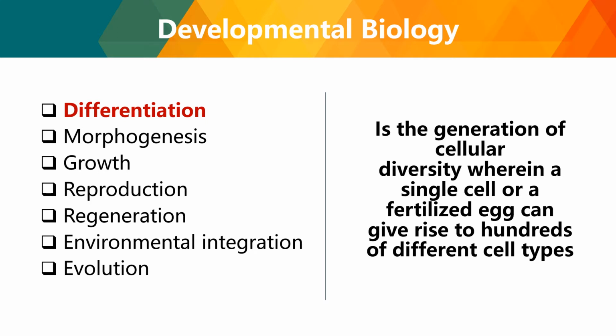But then as development goes, these generalized cells develop into specific types of cell. So it can be a muscle cell, an epidermal cell, it can be your neurons or maybe your blood cells and many more.